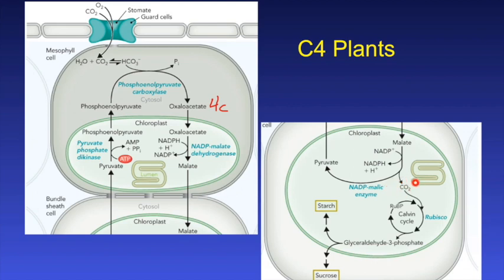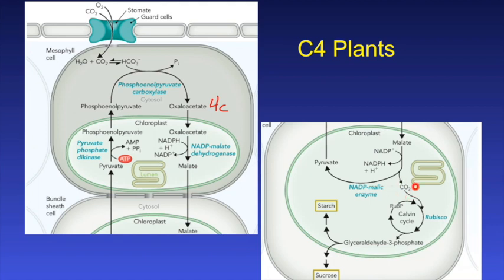The CO2 now, down here, is given off as a gas, and the concentration of CO2 is much higher than oxygen. Oxygen is pretty high up here, but I'm not doing the reactions necessary to create sugars. Okay, the pyruvate gets shuttled back up and creates the phosphoenol pyruvate so that this cycle can occur.